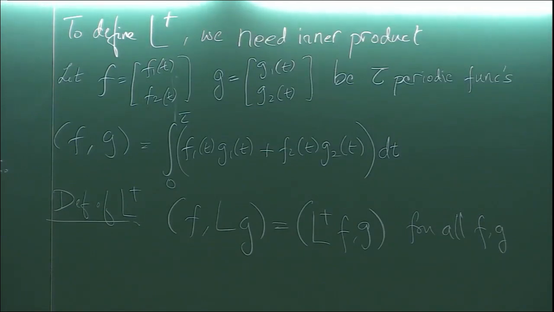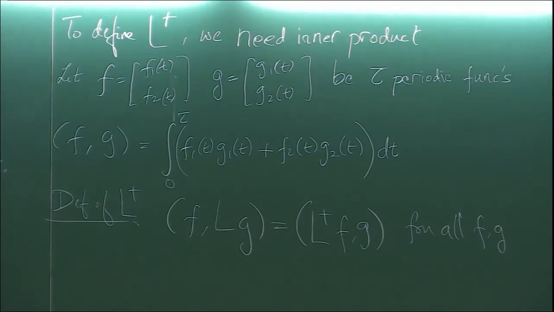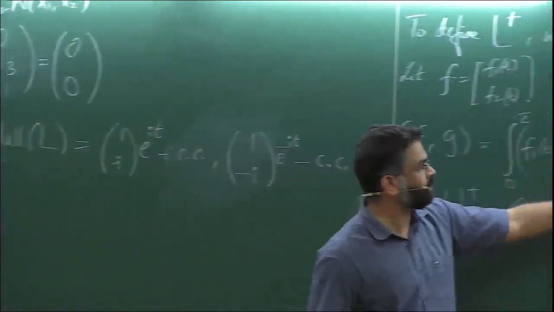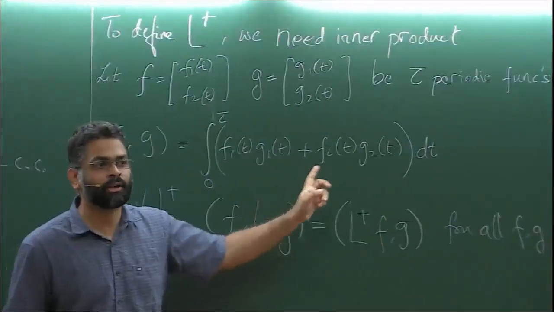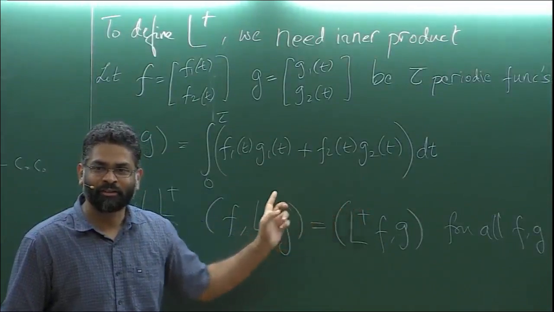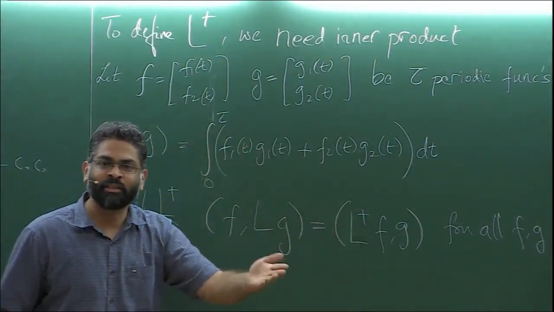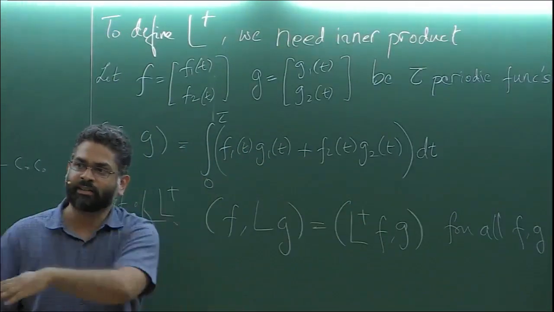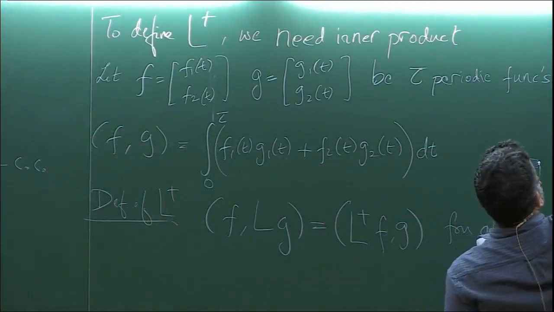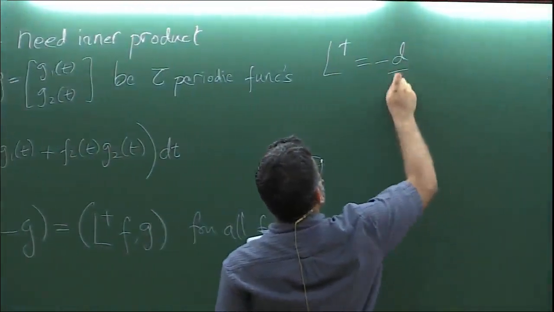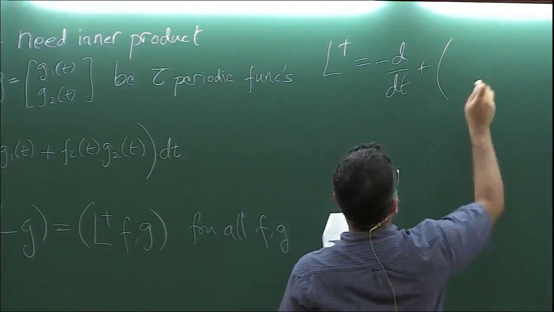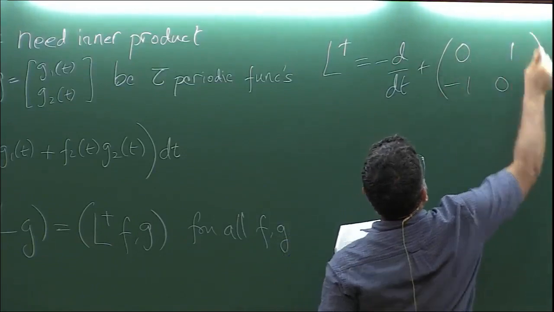Okay? Also, this matrix will effectively be transposed, because this looks like F transpose multiplied by G. Right? So if you move the matrix from the function to the other, from the vector to the other side, it'll become a transpose. So with that, I'll just say this is minus d/dt plus the matrix (0, 1; minus 1, 0).